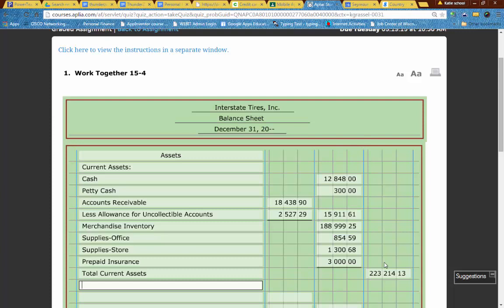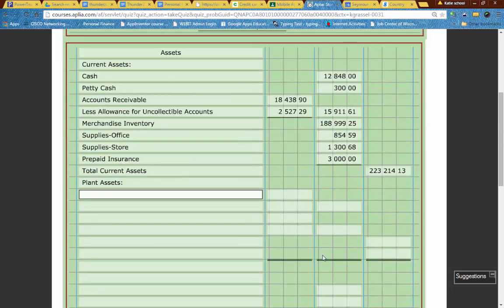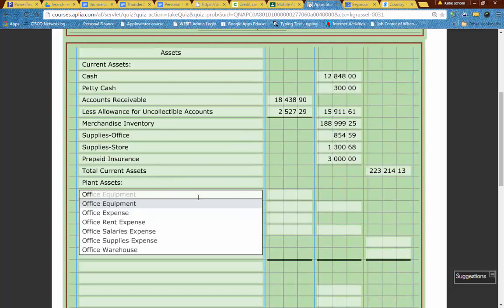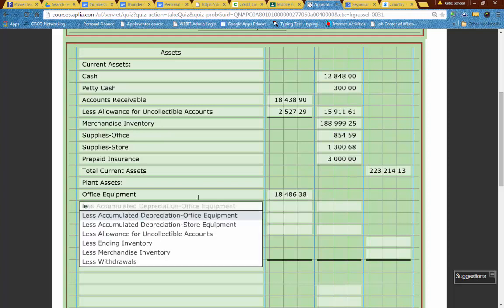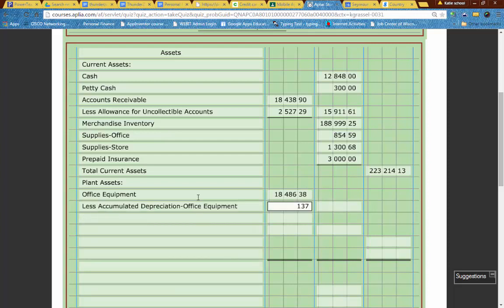The next thing I need to do is my plant assets. And those are the assets that have a depreciation. So I'm going to do office equipment. Less accumulated depreciation office equipment. And now again, look at, I have two spots here where it's telling me I got to put math in. Guess what I got to do? Subtract. Okay?